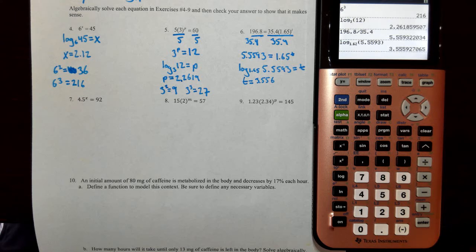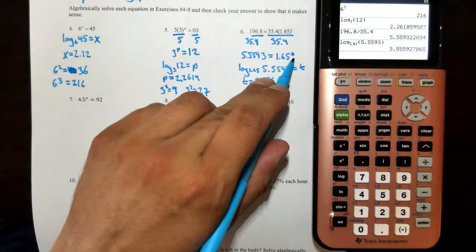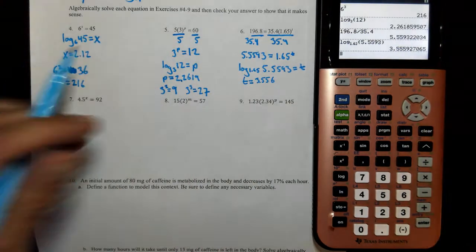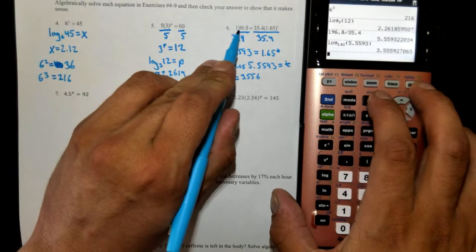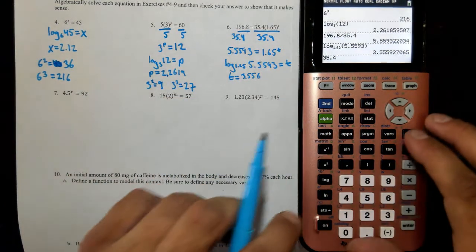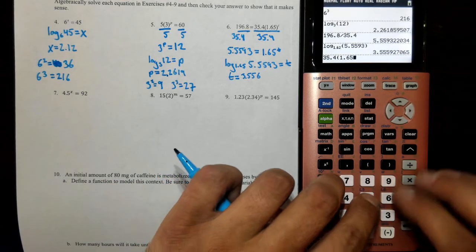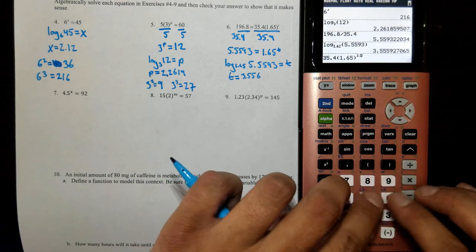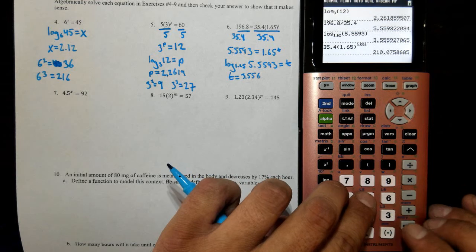Okay. So let's see here. To check this, what we can do is plug this back into t, into our original equation, and see what we get. See if we get 196.8. So let's see, we have 35.4 times 1.65 to the 3.556 power.